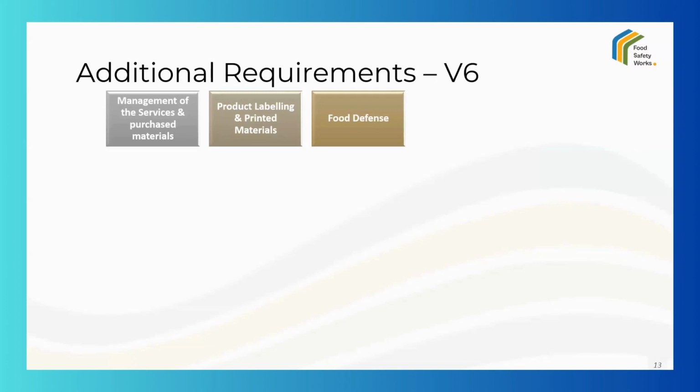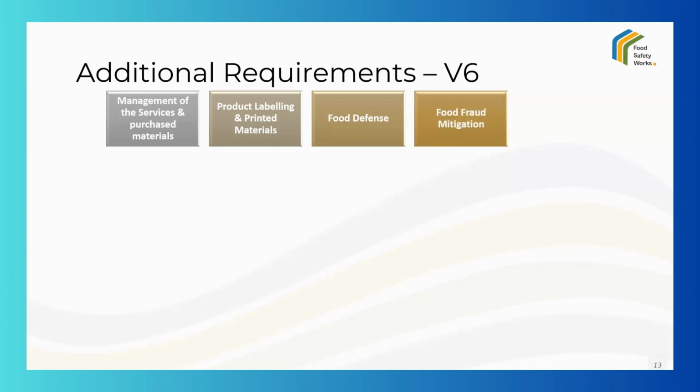Food defense, that was there earlier, nothing new about it, but it was not described in more detail. Earlier it used to say just conduct a food defense assessment or have a plan for it, but now they are clearly saying it has to be documented as well. So that is something which has been put in place for food defense.